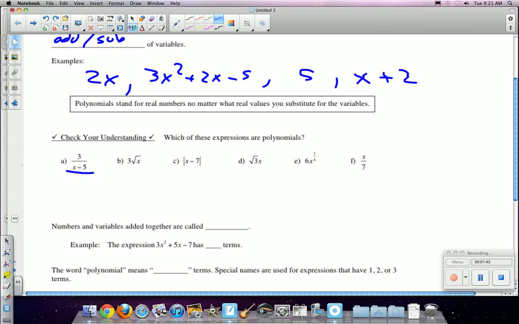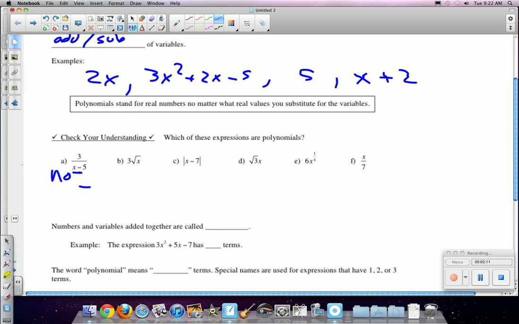The reason is polynomials stand for real numbers no matter what real values you substitute into the variables. If I put in a 5, I am not allowed to divide by 0. So that's why this is not a polynomial expression, because there's a value for real numbers that does not work.